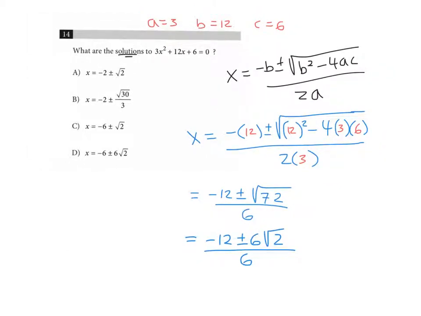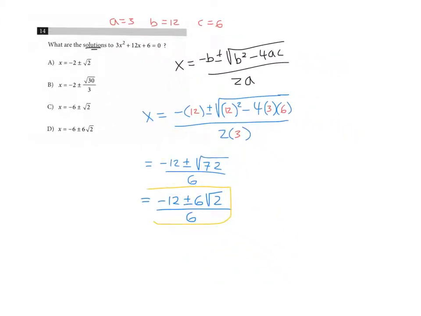Now, in a way, you could say, okay, well, that's the answer. Well, where is it? I don't see it anywhere. Well, the bottom line is you see how you have two terms separated by a plus or minus. So basically what they did is they split this into something that looks like the following, where it's negative 12 over 6. So in a way, they split the denominator, because think about it, I could hypothetically go from here to there.